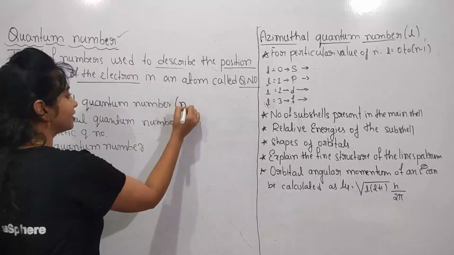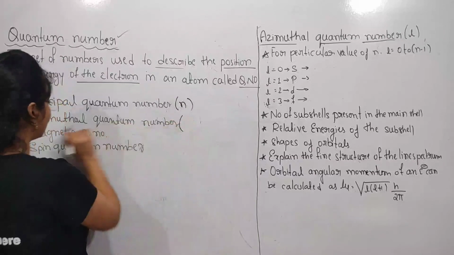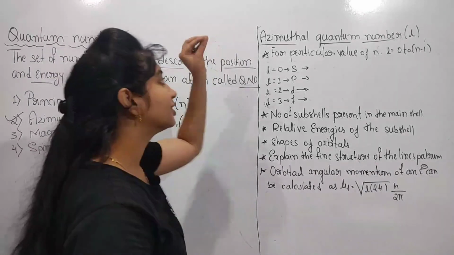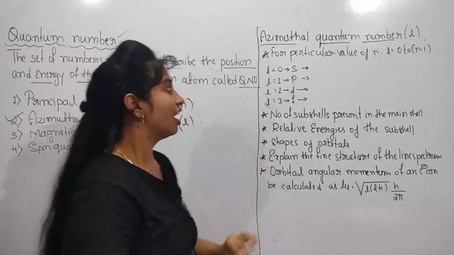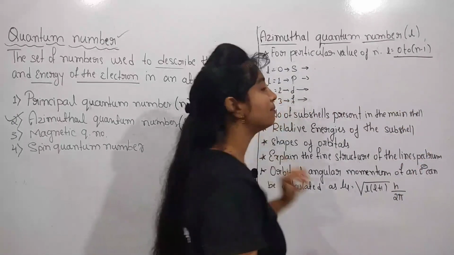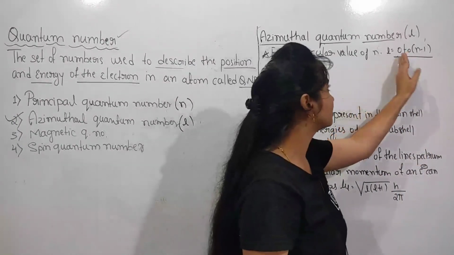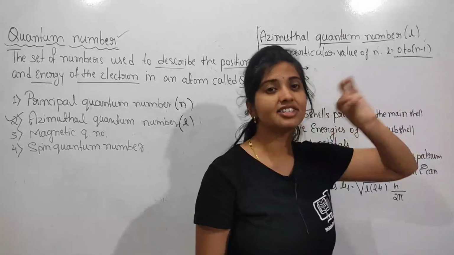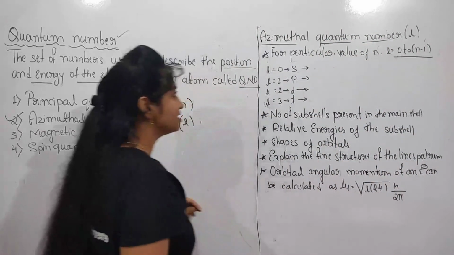Our principal quantum number is denoted by small n and the azimuthal quantum number is denoted by small l. Here, for a particular value of n, l is equal to 0 to n minus 1. So remember this value, l is equal to 0 to n minus 1. Our azimuthal quantum number's values start from 0 to n minus 1.